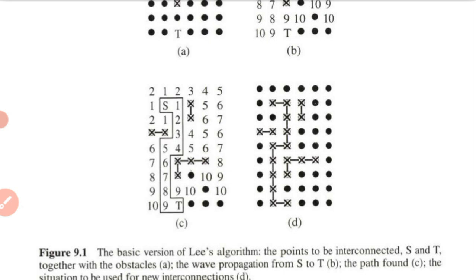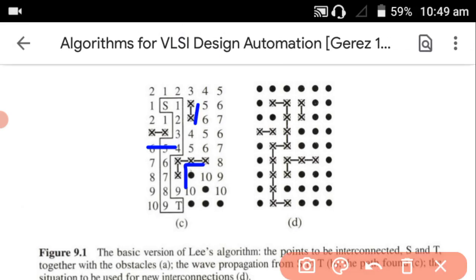There are various possible paths. Starting from S, 1, 2, 3, this is a possible path they marked, and there will be another possible path. This is not a possible path: after 10, it goes on to 9, so it is not possible.